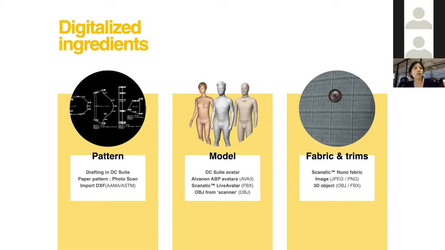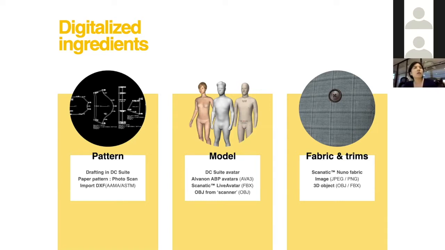The first is that DC Suite has its built-in model, which is the one you can see on the left. And there are many manufacturers and companies that use Evernote's avatar service, so we also have the capability to read Evernote's AVA3 format avatar.